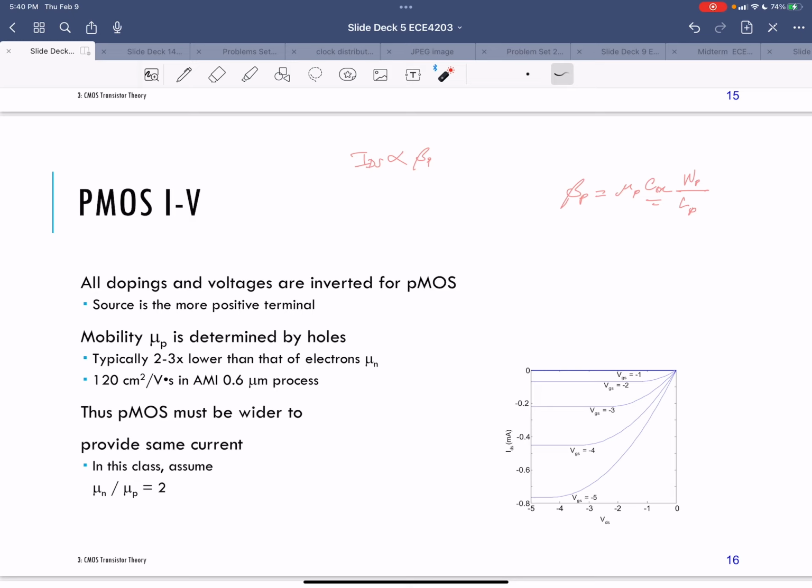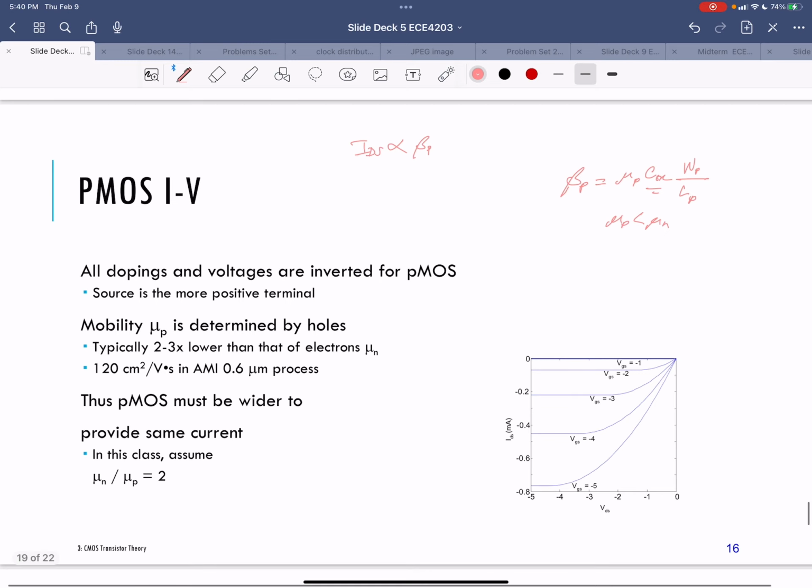But also what you have to keep in mind is that, at least in these older processes, and certainly more true for older processes than it is now, the mobility of the holes is significantly less than the mobility of the electrons. So mu sub p is less than mu sub n, by a factor of 2 or 3.